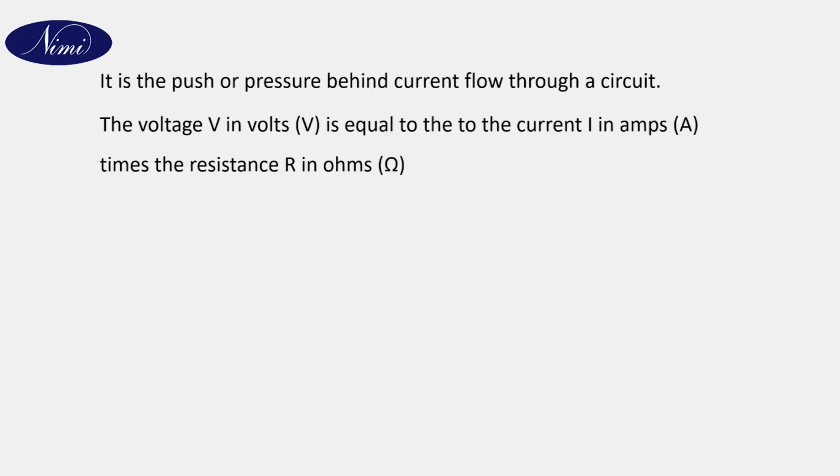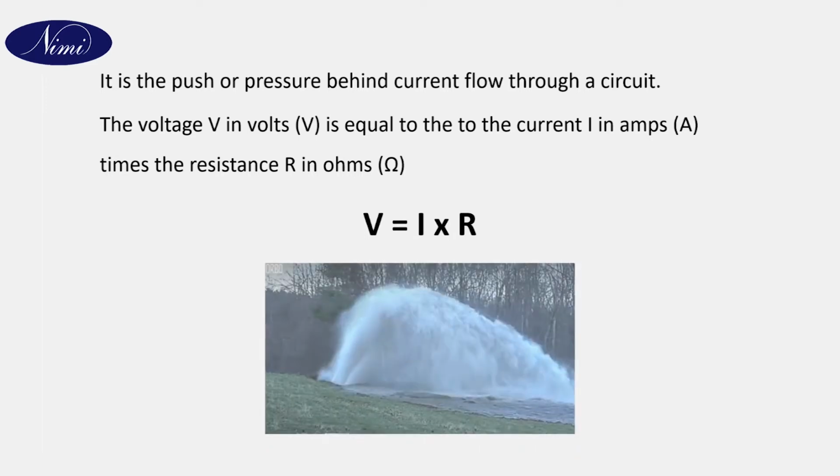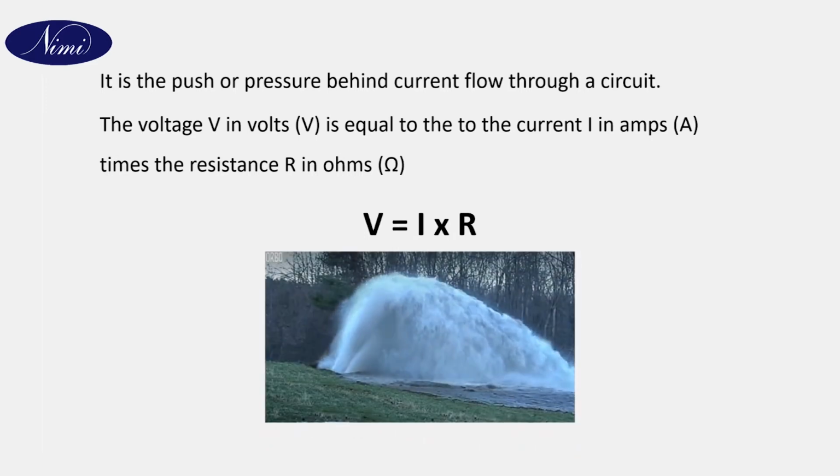The voltage V in volts is equal to the current I in amperes times the resistance R in ohms. V is equal to I multiplied by R. Here, as we can see, the water is flowing as it is because of a pressure applied to it. Now, if we consider water as current, then the pressure applied to it is the voltage.